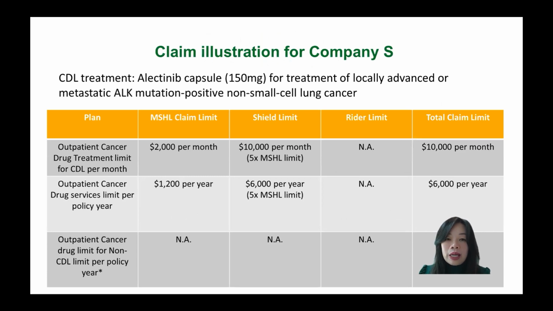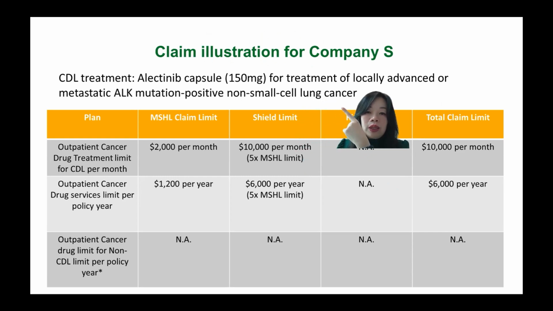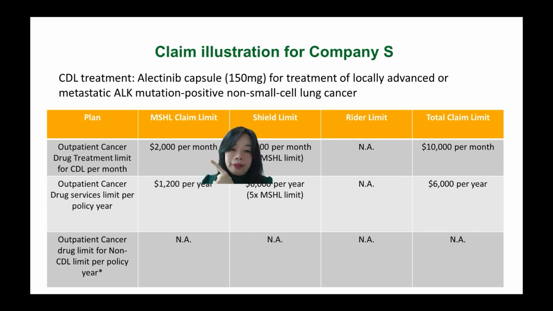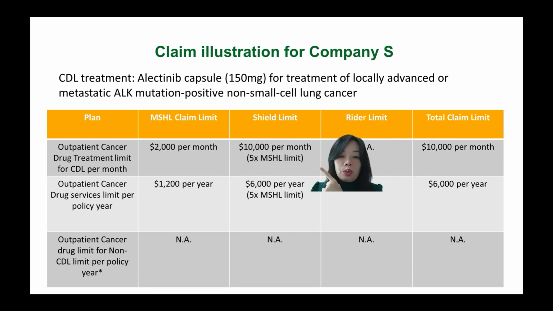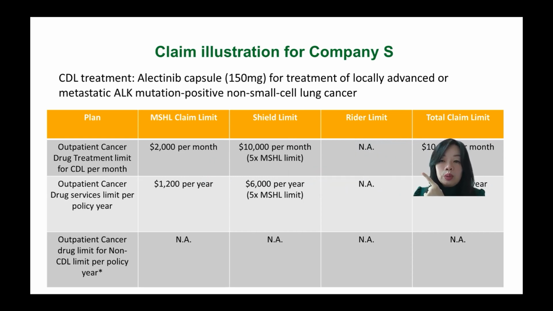To understand the claim illustration, assuming this particular medicine has been used to treat lung cancer. If the limit is $2,000 per month under the CDL list, the limit for the shield will be $10,000, which is 5 times of the MediShield Life limit, which means that the total claim limit will be $10,000 per month.